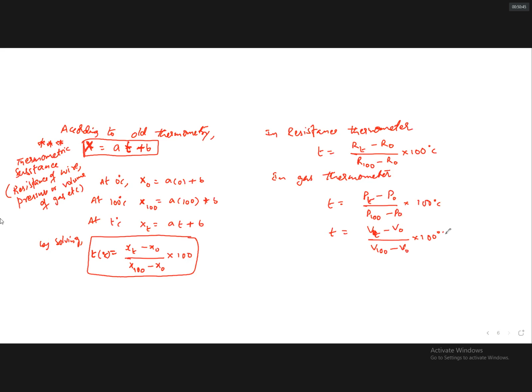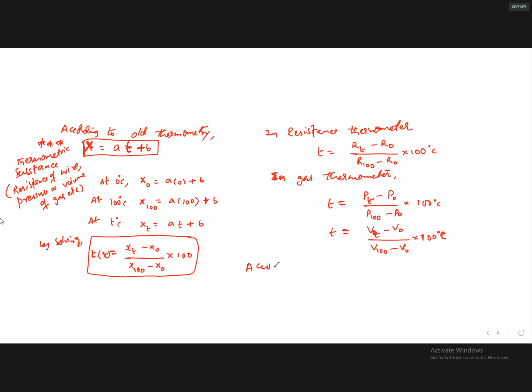From that we need to calculate the temperature to be measured in gas thermometers. So like this we can calculate in different thermometers, gas as well as resistance thermometer.